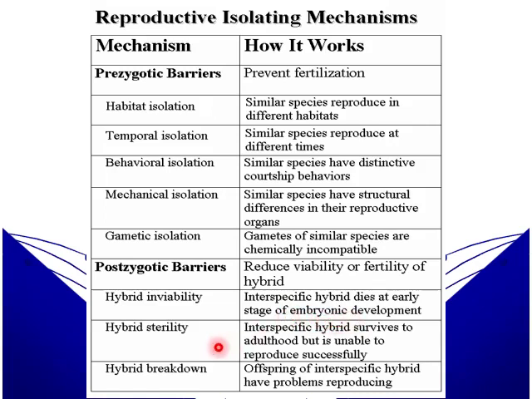And the next one is hybrid sterility, in which the interspecific hybrid survives to adulthood, but may be unable to reproduce offspring successfully. And the last one is hybrid breakdown, in which the offspring of interspecific hybrids have problems reproducing.